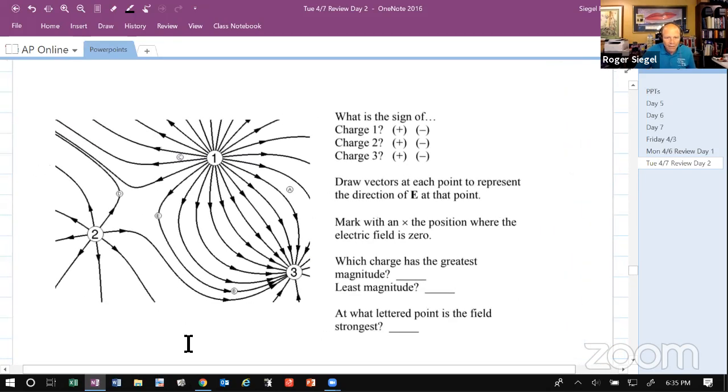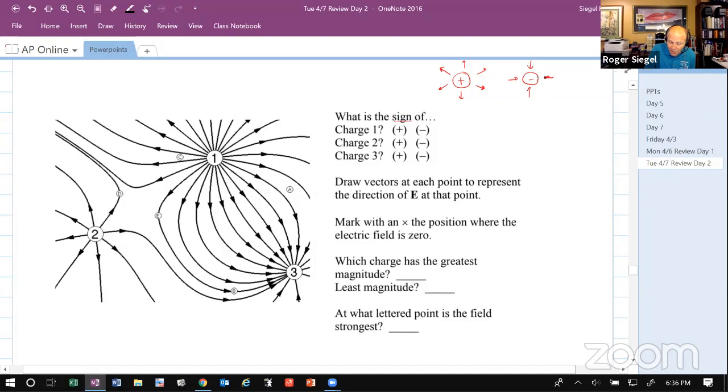So we have these field lines from 3 different charges. The first question asks us, what is the sign of each of these? We know that the field lines point away from a positive charge, and if I have a negative charge, the field lines point toward it.